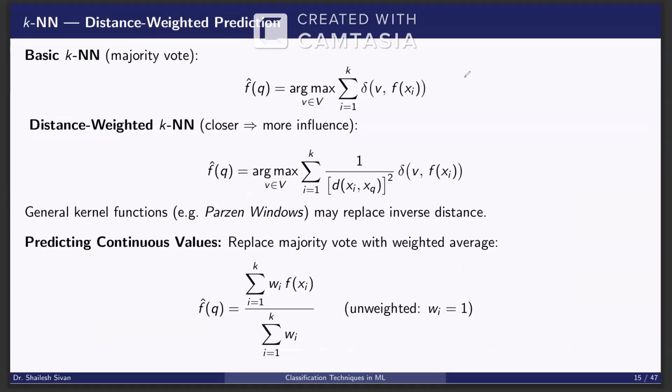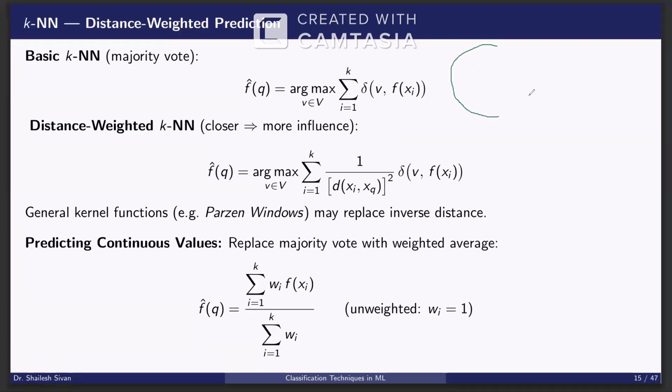So if we have some observations, this is our observation, and I have some observations over here, the nearest ones, and some observations over here, and some observations over here.